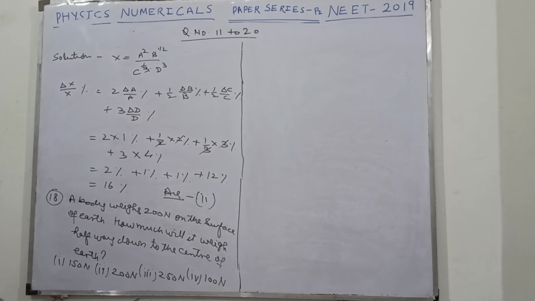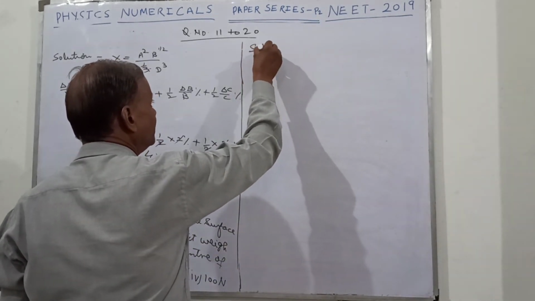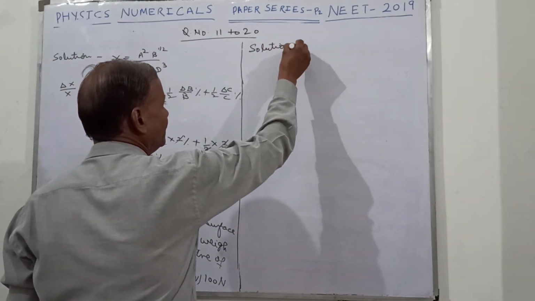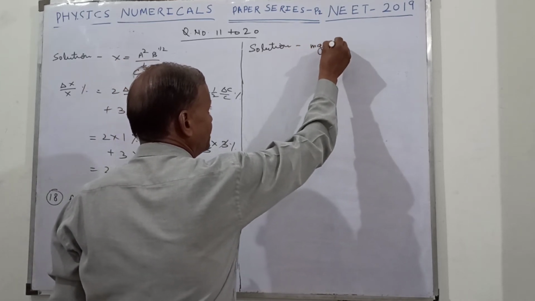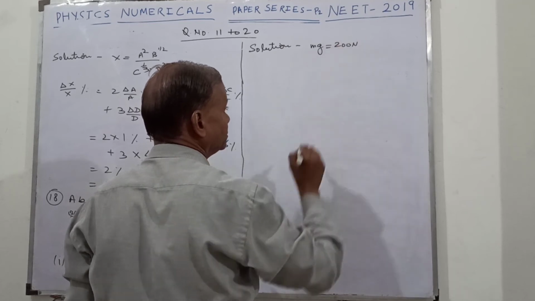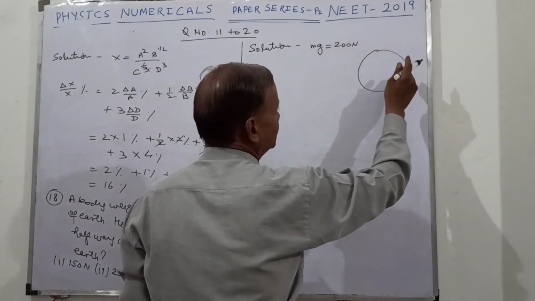I have done this type of question in NEET 2020. Mg is given to you 200. This is the earth.